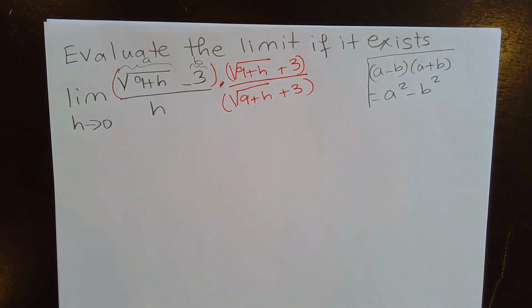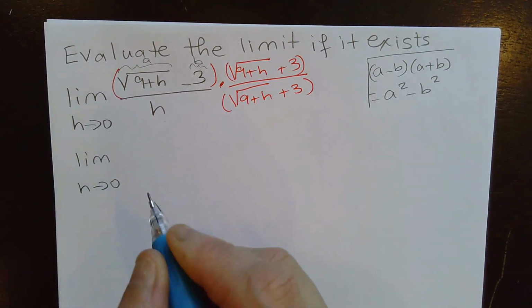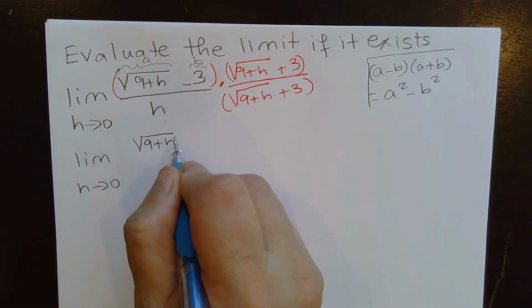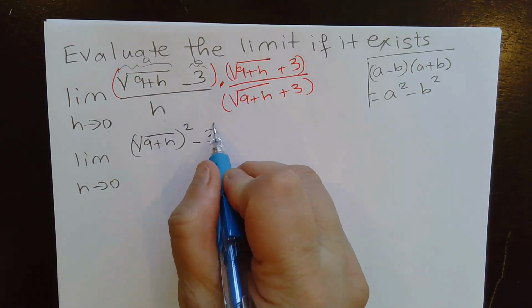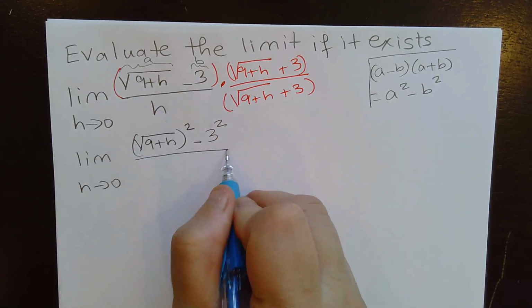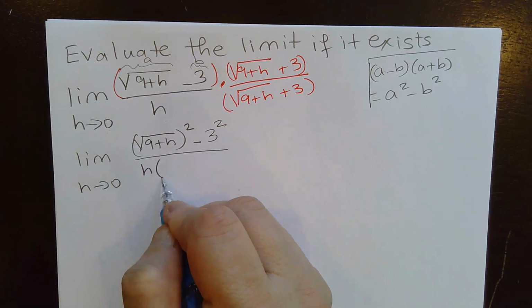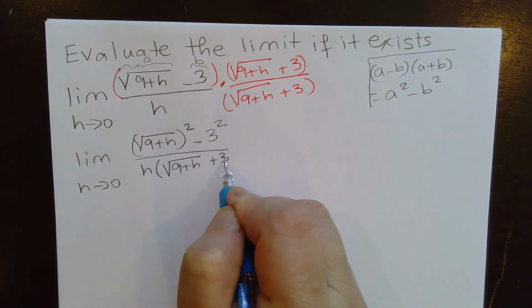So we get the limit as h approaches 0 of a squared minus b squared, 3 squared, divided by h times square root of 9 plus h plus 3.